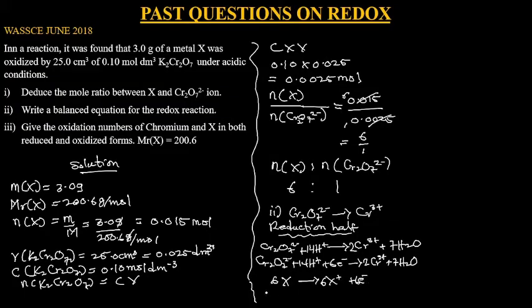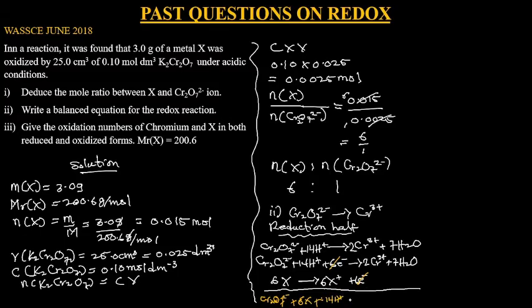Okay, so the final thing to do is to combine the two equations. When we combine the two equations, we can see that the electrons will cancel out. This will cancel this. So combining this, we'll have Cr2O7 2- plus 6x plus 14H+.